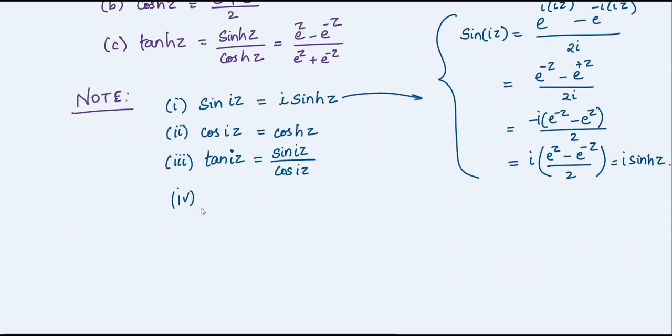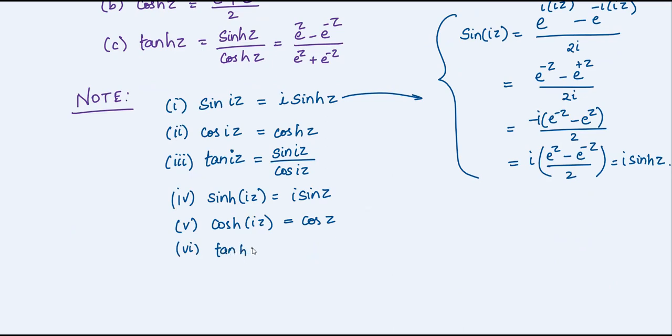What if it is sine hyperbolic of iz? It is equal to i sine z. Cos hyperbolic of iz, of course, will be cos z. And tan hyperbolic iz will be i tan z. So these are some relationships.